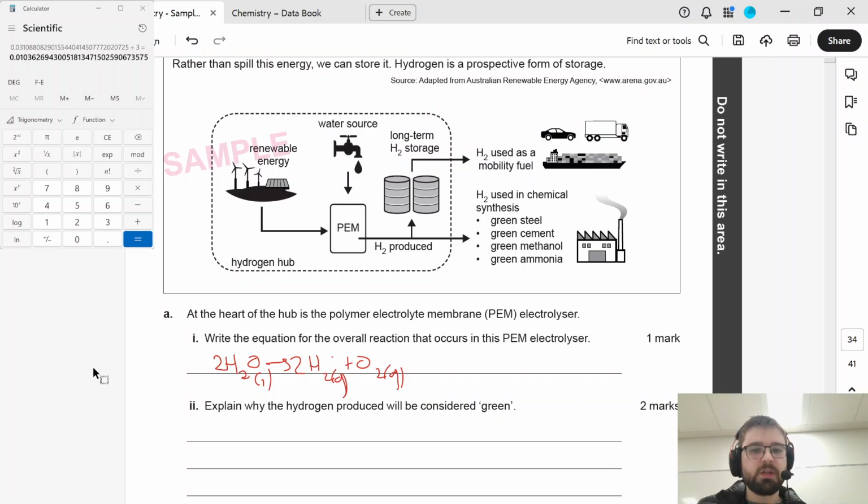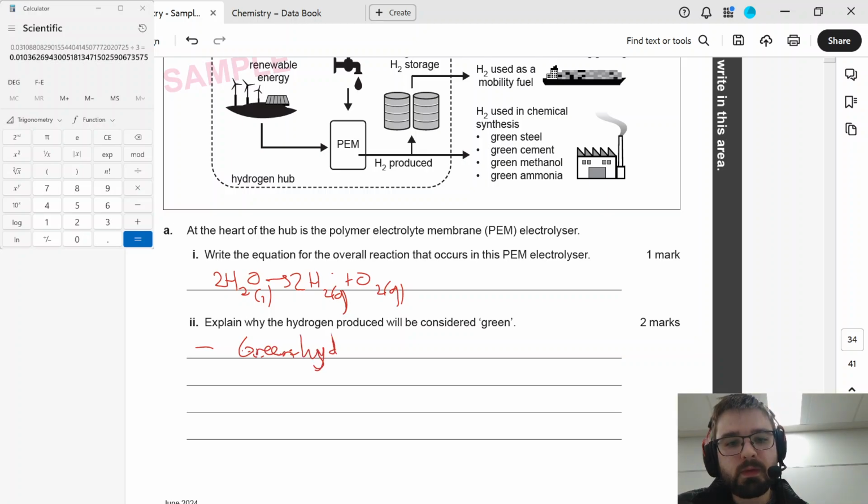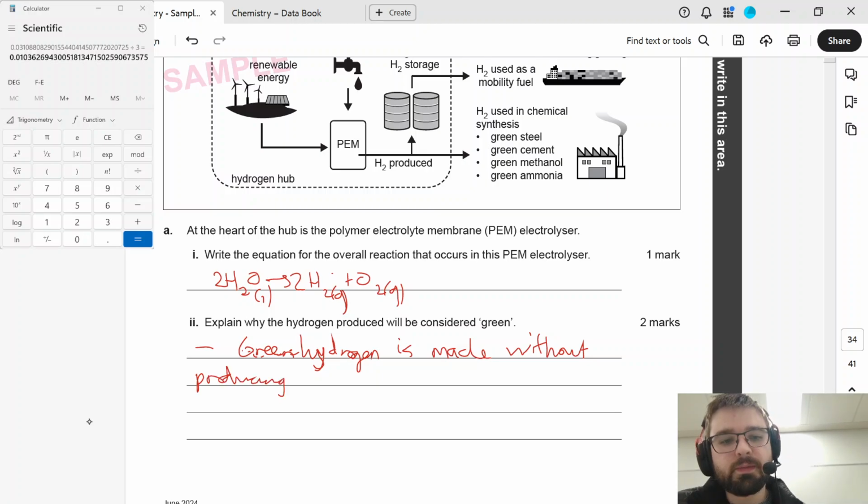Explain why the hydrogen produced will be considered green. Okay. So I probably want to define green. Green hydrogen is made without producing greenhouse gases.